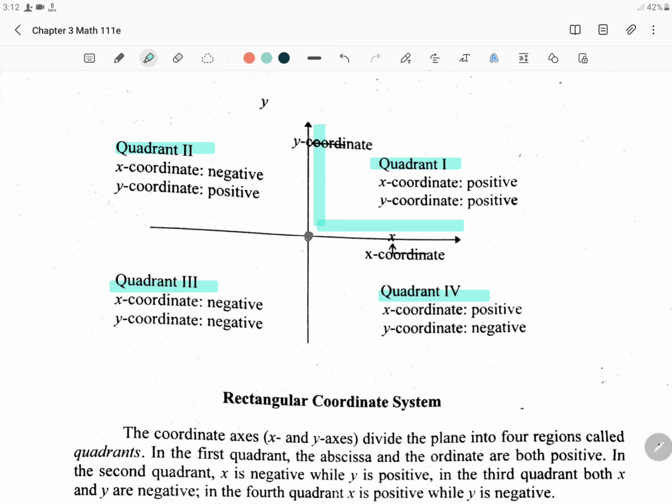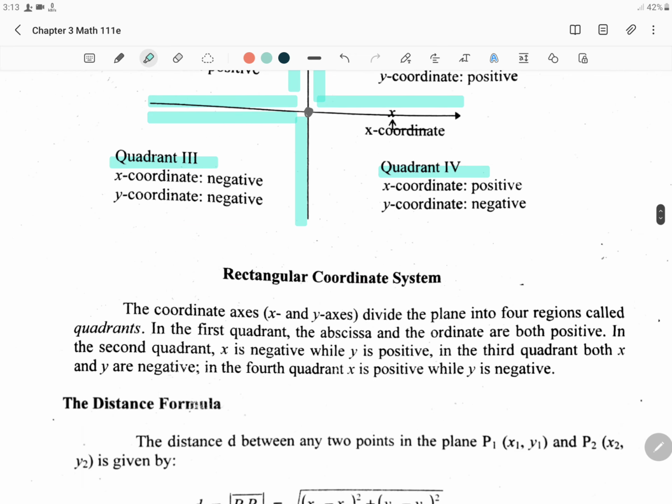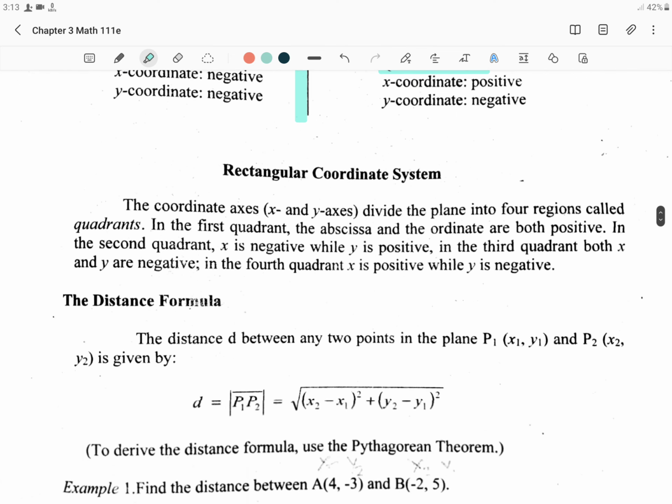So, since yung y natin is kabaliktaran, pababa siya, that is negative. Yung x naman natin is papunta sa kabilang side, that is negative. Okay? Sa quadrant 2 and quadrant 4, it follows the same rule. So para mas maging klaro sa inyo, let's try to identify. Yung x-coordinate natin papunta dito ay negative. Yung y-coordinate natin positive kasi papunta pa rin itaas. And it also follows dito sa quadrant 4 natin. Hindi ko na masyadong i-emphasize kasi it will take so much time.